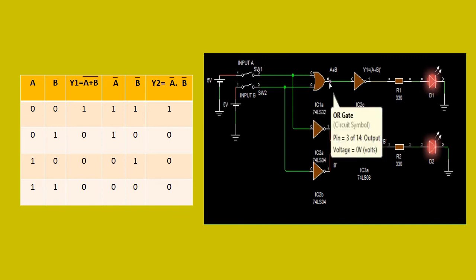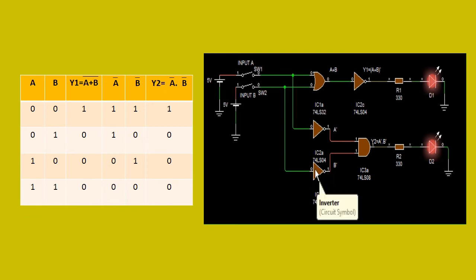So the output of the OR gate is 0. The input of the NOT gate is 0, but the output of the NOT gate is, we know, 1. So the LED will glow. Next, when A is 0, here we get 1 output because it is a NOT gate. B input is 0, so here we also get 1 because this is a NOT gate.